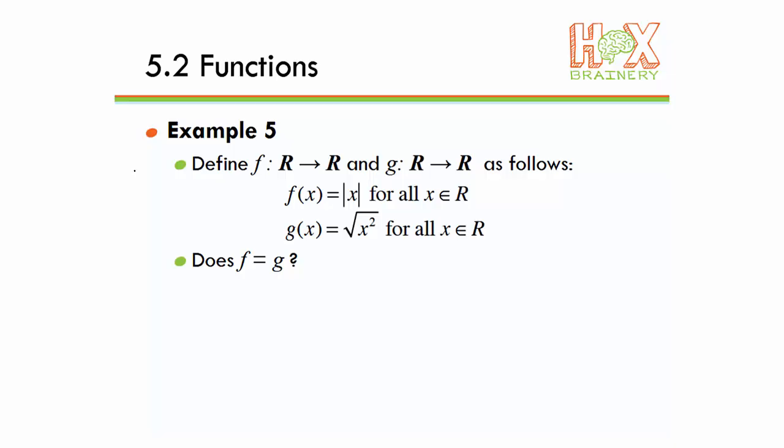So for example 5, we're going to define a function F and a function G that go from real numbers to real numbers. F here is the function that's the absolute value of x for all x in the set of real numbers.